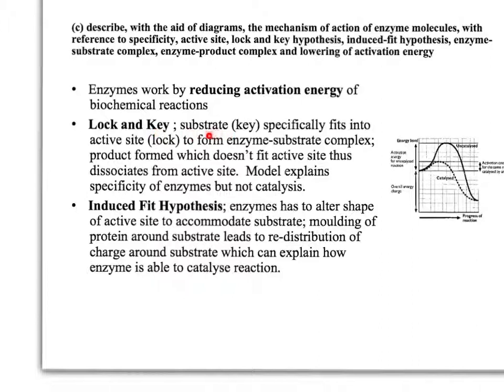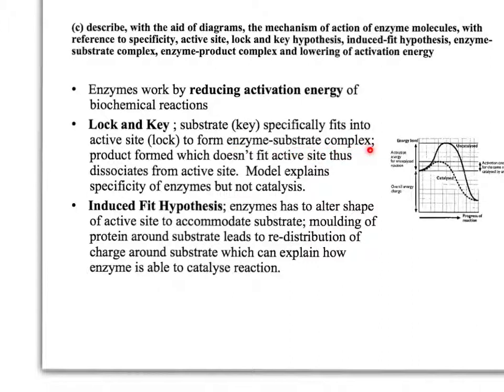The original model that they put forward for enzyme action was called the lock and key hypothesis, which is an analogy between a lock and a key and a substrate and an active site, suggesting the key is a bit like a substrate molecule which fits into the lock. In this case the substrate fits into the active site to form what's called an enzyme substrate complex. You can litter your answers in exam questions about enzymes with this term, enzyme substrate complexes.